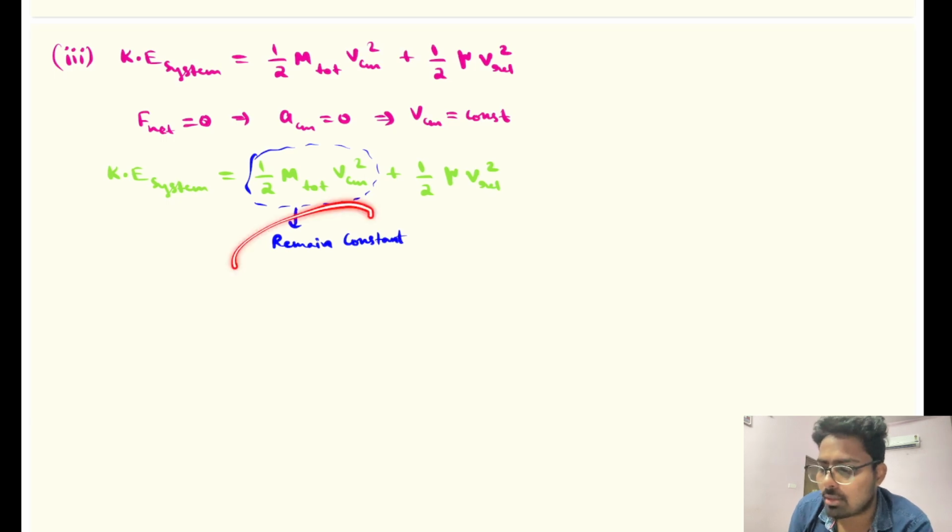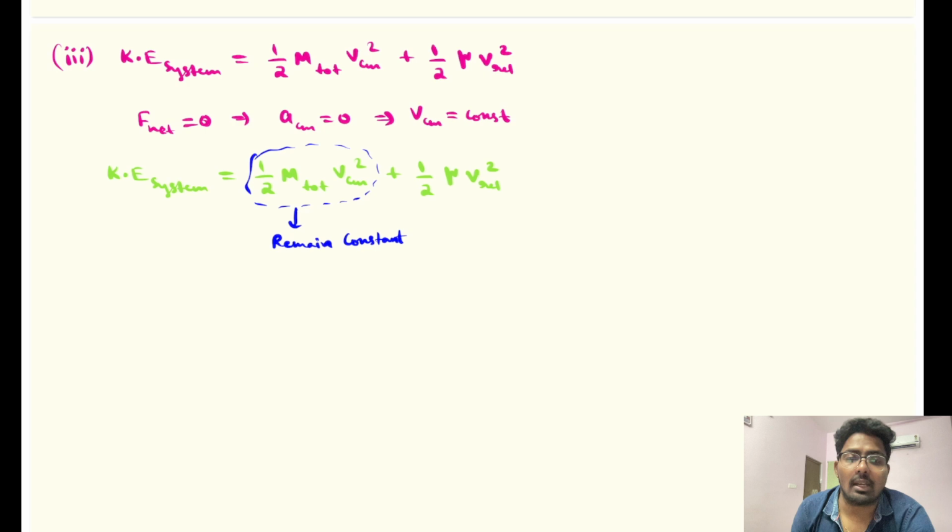This is not going to change. Why? Because I already told you the net force acting on the system is zero, so acceleration of center of mass is zero, which means obviously the velocity of center of mass should remain constant, irrespective of whatever might be happening. Okay, that's clear. That means this value should remain constant.